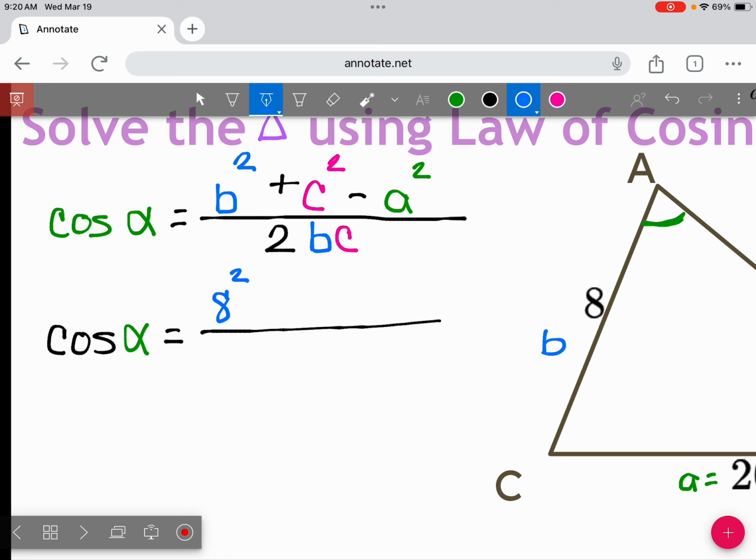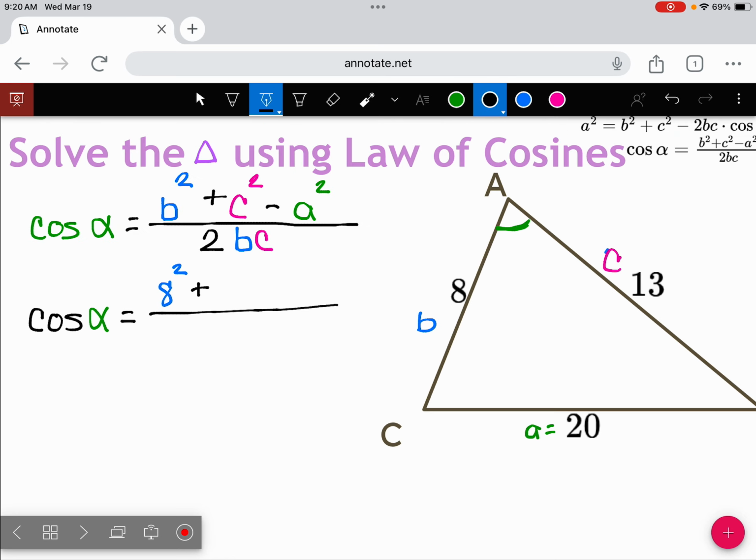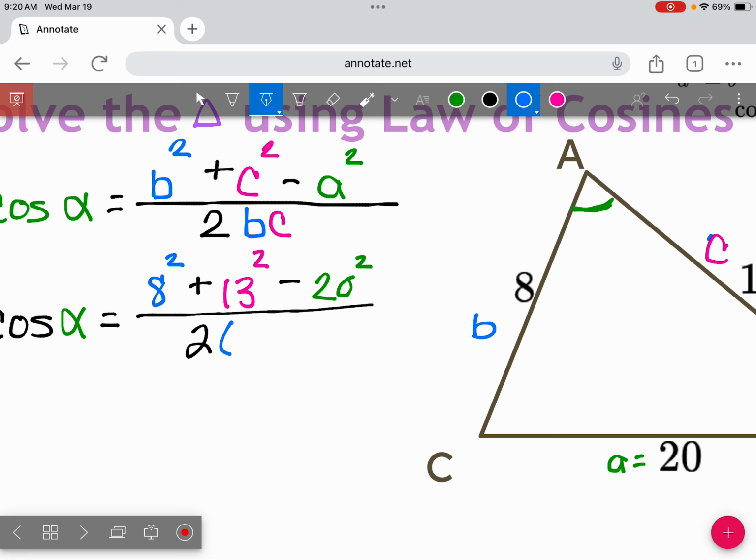So we're gonna have our 8 squared plus our 13 squared minus our 20 squared over our 2 times... I got 143 point.